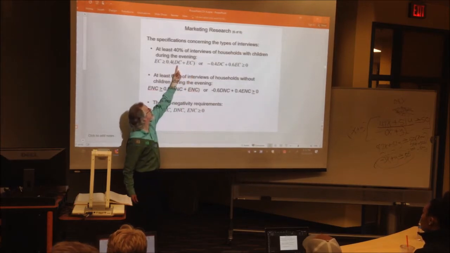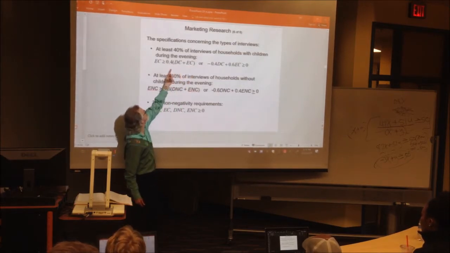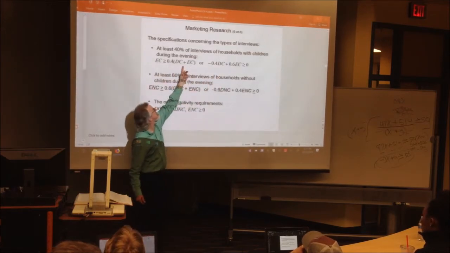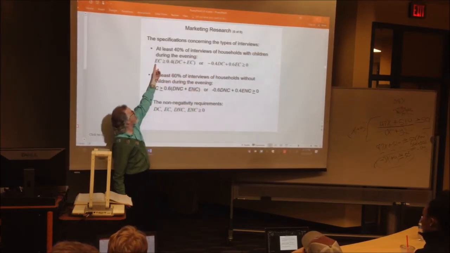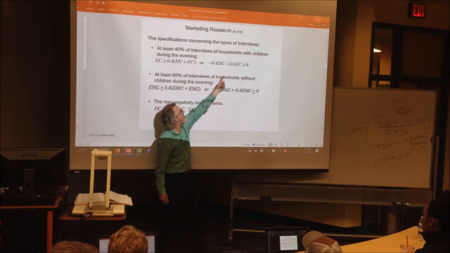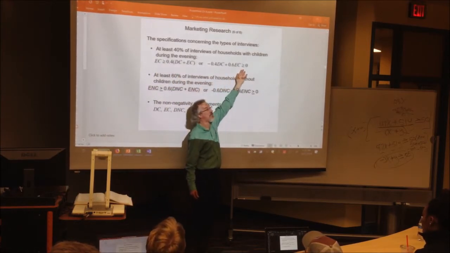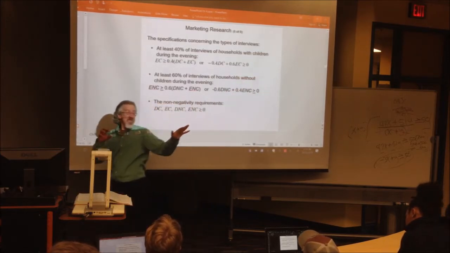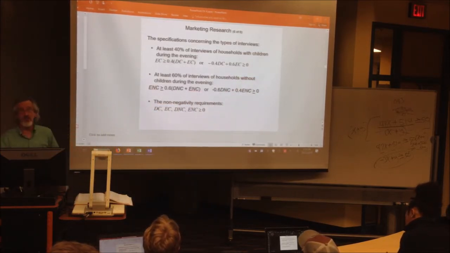Then we would take 0.4 times that, which is DC, move it to the other side, so we get negative 0.4 DC. 0.4 times EC, subtract it: 1 EC minus 0.4 EC leaves positive 0.6 EC. What's left on the right? Nothing, 0. But we got all the variables on the left side, so it's ready to go.